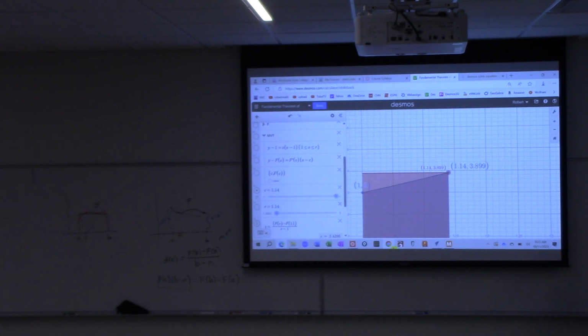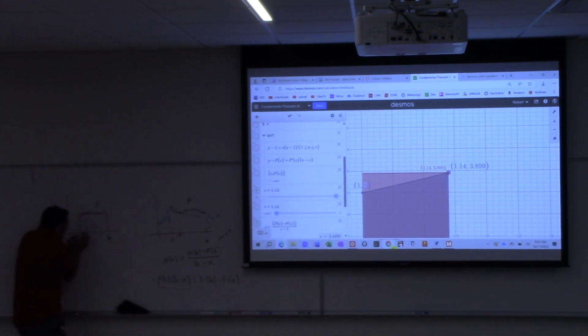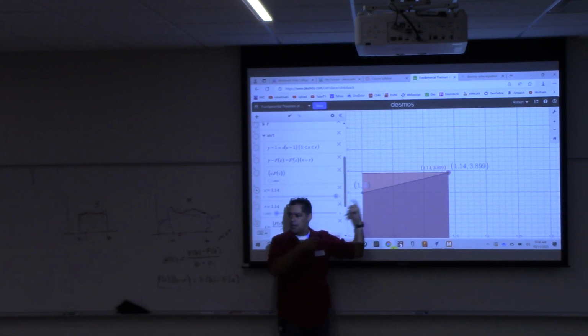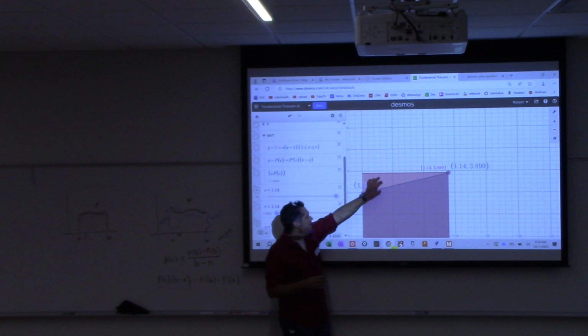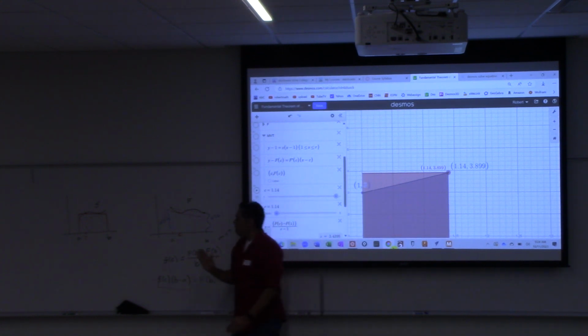So instead of trying to find the area of the whole thing, what if I just try and find the area of a little sliver? Do you agree that the red is still not the blue, still off? But do you agree that that error is now really small? And could I find that?